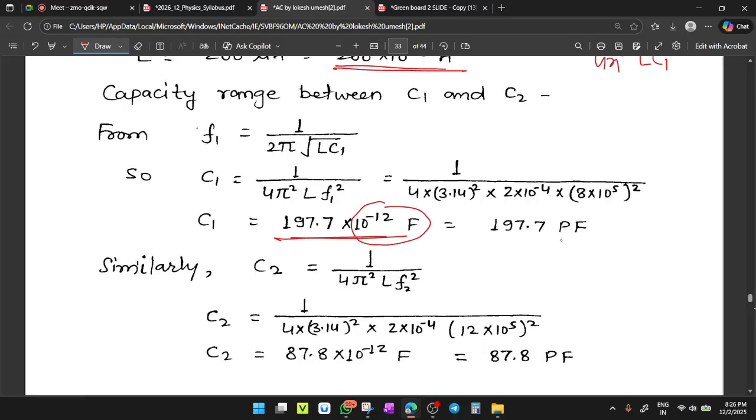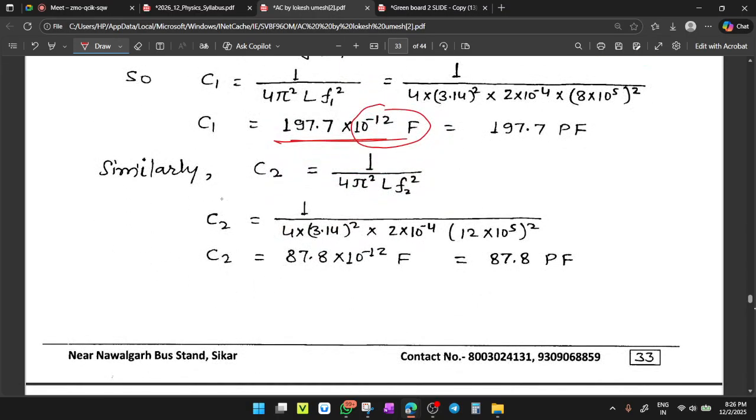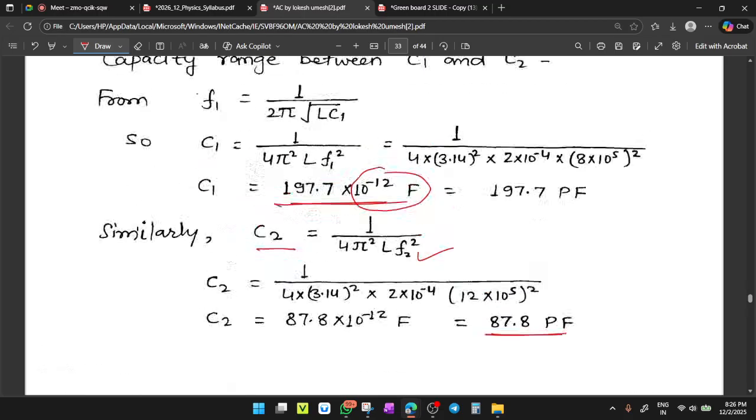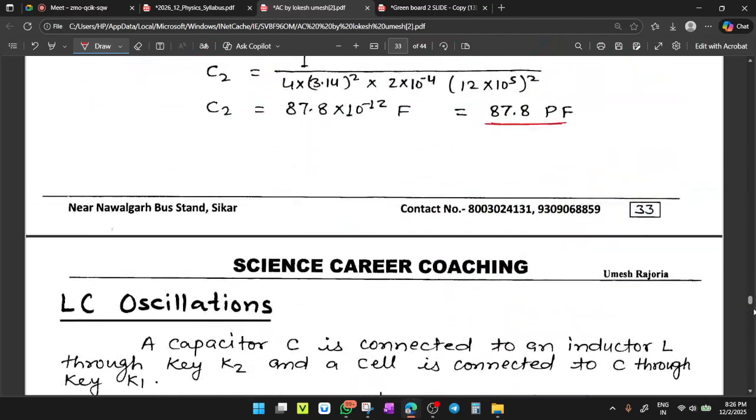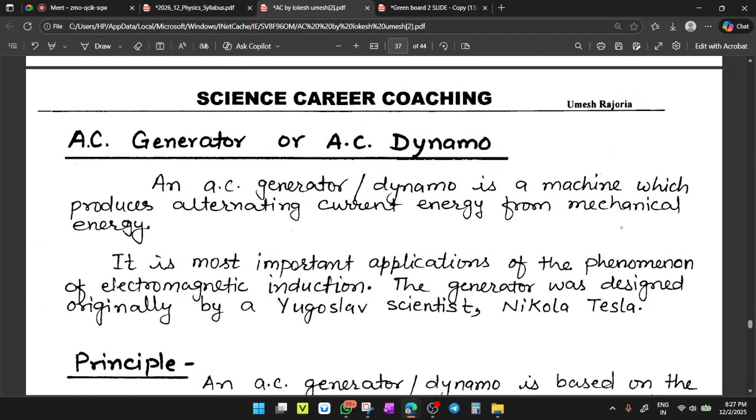So it would be 197.7 picofarad. Similarly, C2 you will get 87.8 picofarad. Just change the frequency and everything else is the same. Okay, students. So our next topic is the AC generator and AC dynamo.